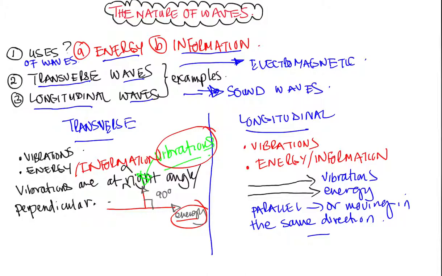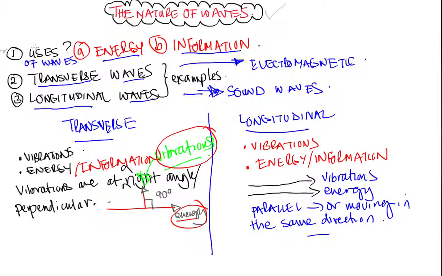Okay, so this is it. What color can we use now? So this is it. We looked at the nature of waves, and we found that there are three things we can talk about.